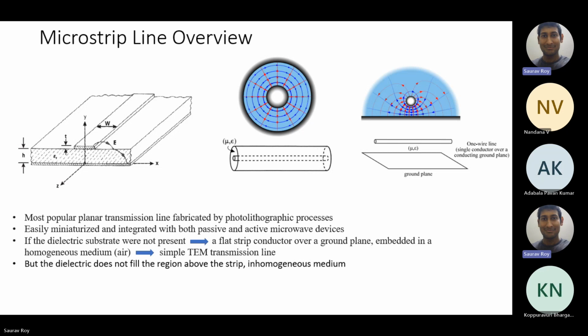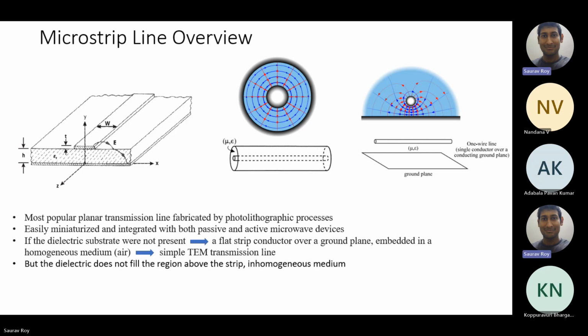The middle picture shows a metallic connector on the inside, and another metallic layer, and in between we have a dielectric, mostly Teflon. So the structure of coaxial is an inner conductor and an outer conductor with a dielectric in between, mostly Teflon. The inner conductor is used for signal propagation, and the outer conductor is shorted to the ground.